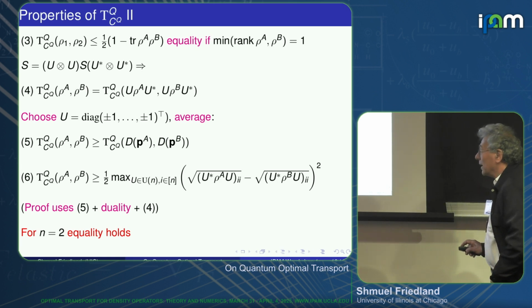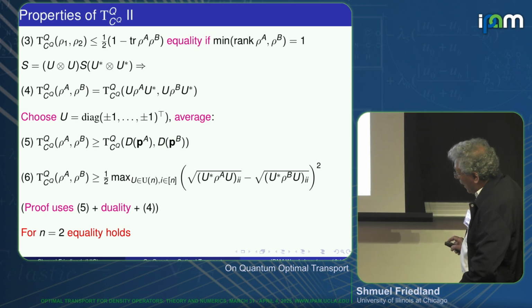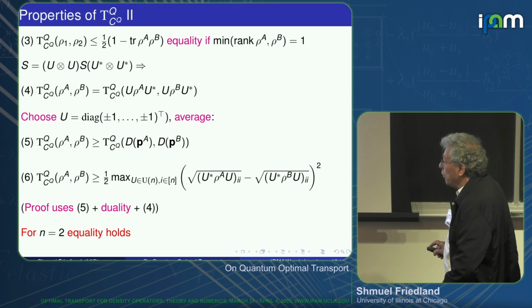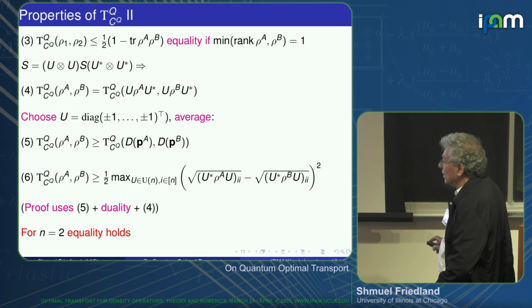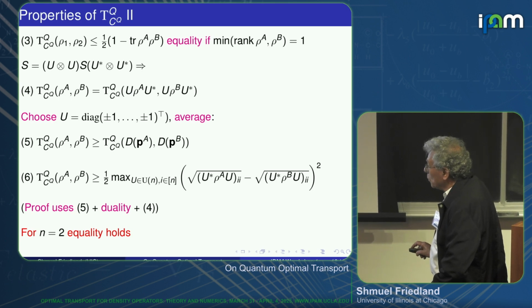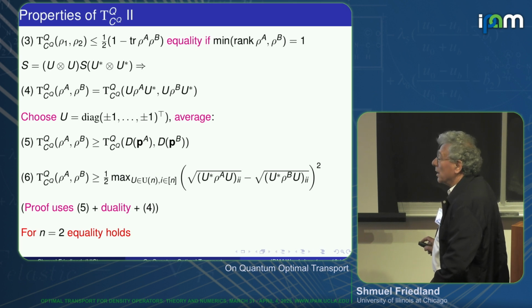Okay, so now, after the analysis in this paper, you can show that this is greater than or equal to half of the maximum over U on A of this quantity. Now, if you look at this quantity, this one is very easy to show. If you take the square root of this quantity, it is going to be a metric.